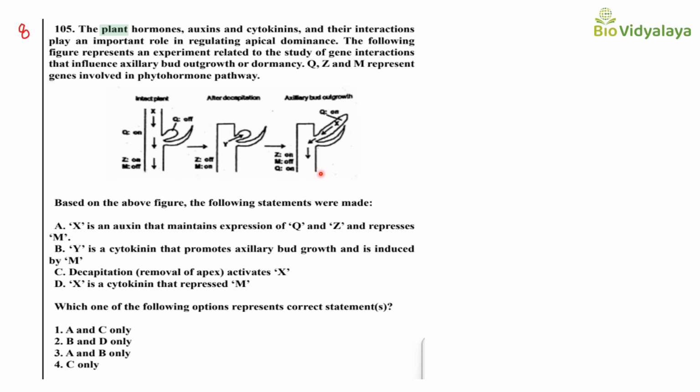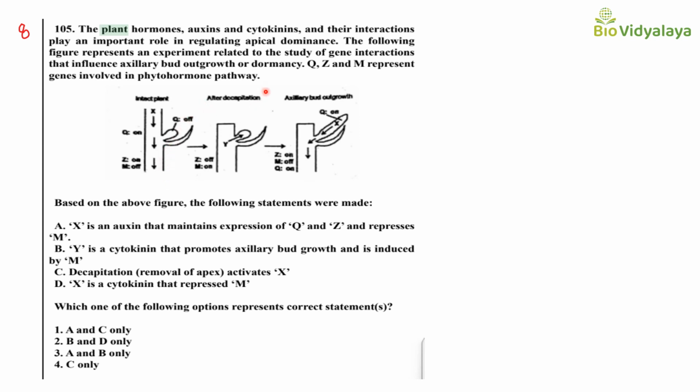So we can say that hormone X is moving from tip to base, that means it is transported basipetally, downward from tip to the base. At that time Q is on, Z is on, and M is off. So we can say that X is auxin because it is moving basipetally.